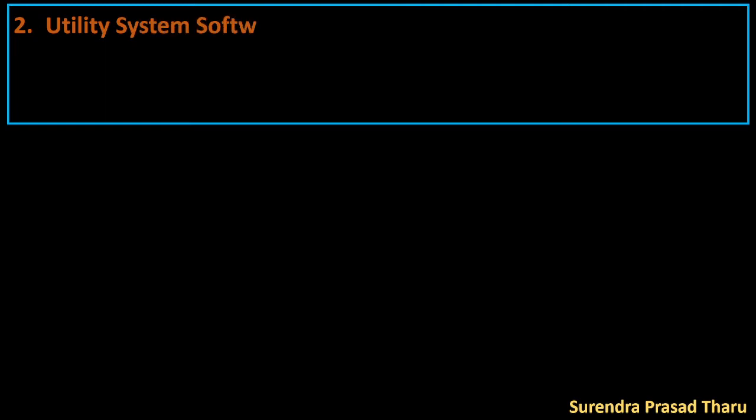Another is utility system software. Obviously I told you these are all already in the operating system, but we cannot separate them. Only the programmer can separate them. But to some extent we can find other utility system software, like some antivirus.